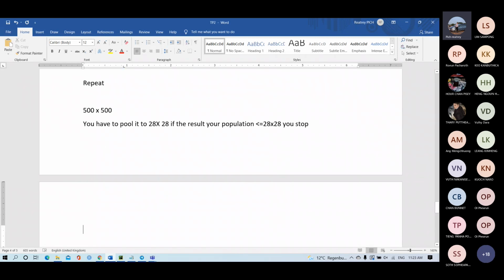If the result is exactly 28 by 28, we do not need to adjust the pixels.